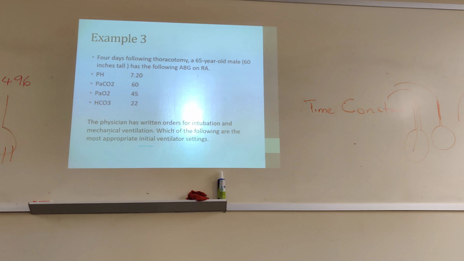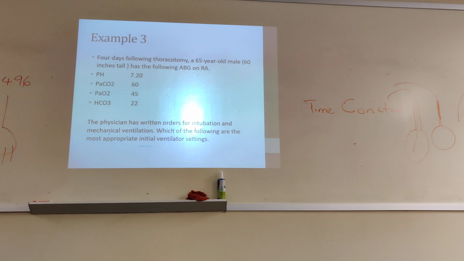Number 3. 4 days following thoracotomy, which is surgery on the thorax. A 65-year-old, 60 inches tall, has the following ABGs of respiratory acidosis. We are going to intubate the patient here.